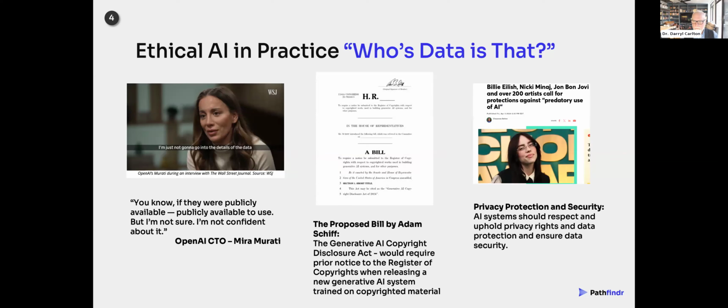And 200 artists are actively calling for protection against the predatory use of AI. So there's a big movement right now, both from the creators of content and government, to say what data you use is important, where you get that data is important, and you have to have the rights to use that data.